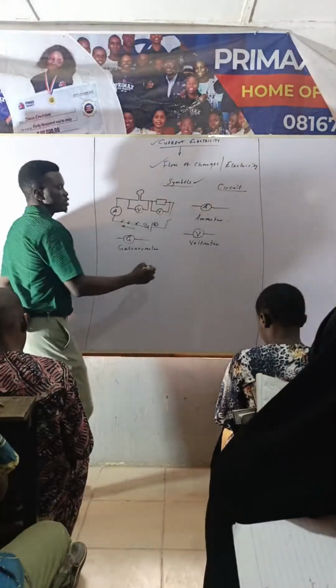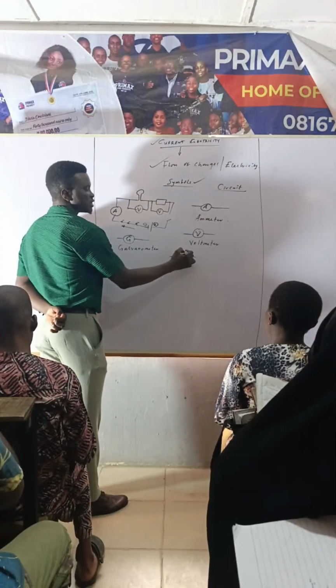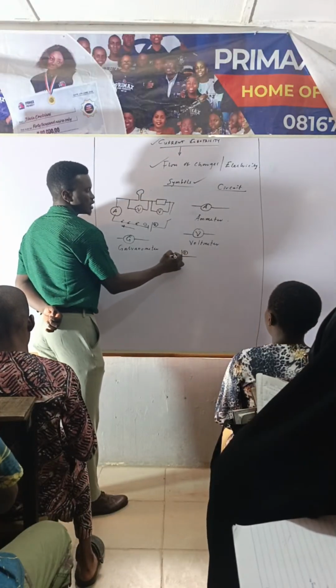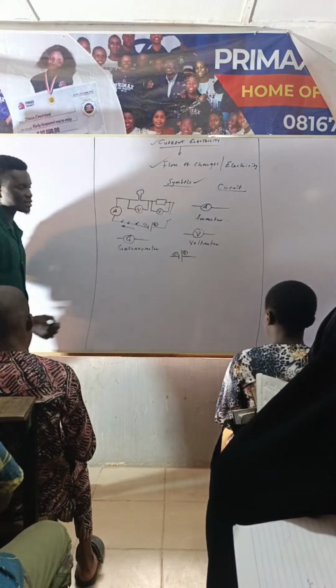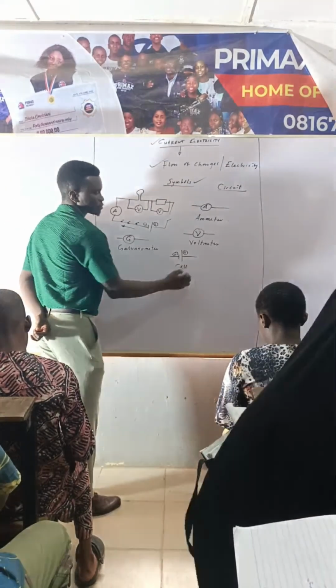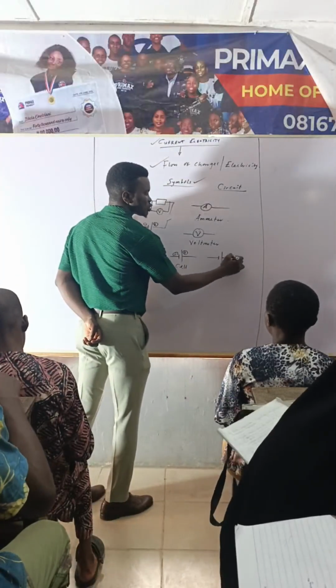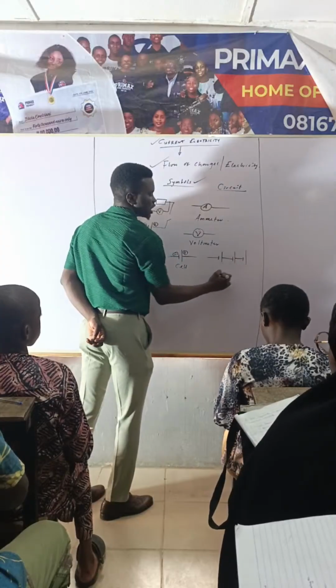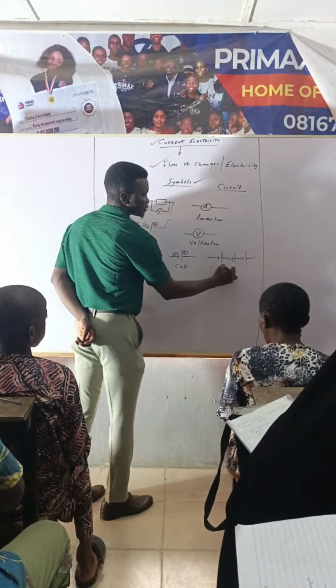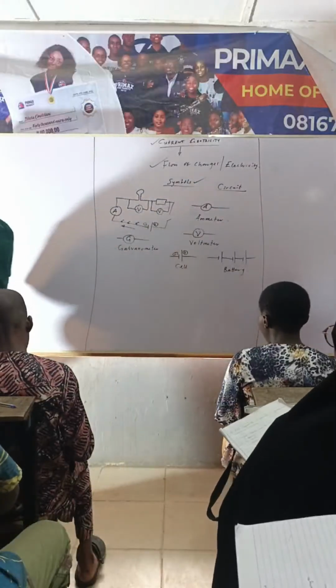Then another thing you might get to see is this, which I've been showing you often. This represents the positive parts and this represents the negative parts. Now what we have here is called a cell. A collection of cells. So if you have several of them together, then we call that a battery. All these symbols, you'll be seeing them as we're moving on.